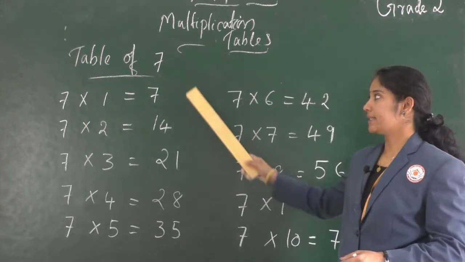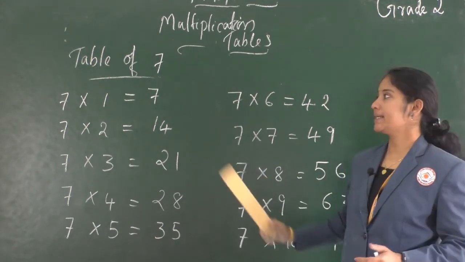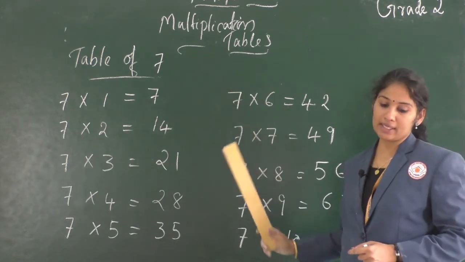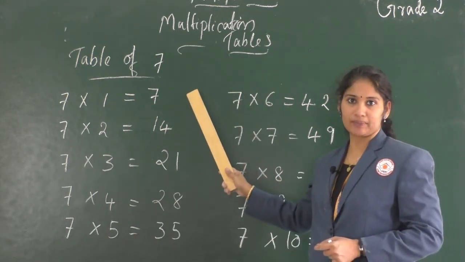Children, next we will study table of 7 like table of 6. We can create table of 7 by making group of 7.